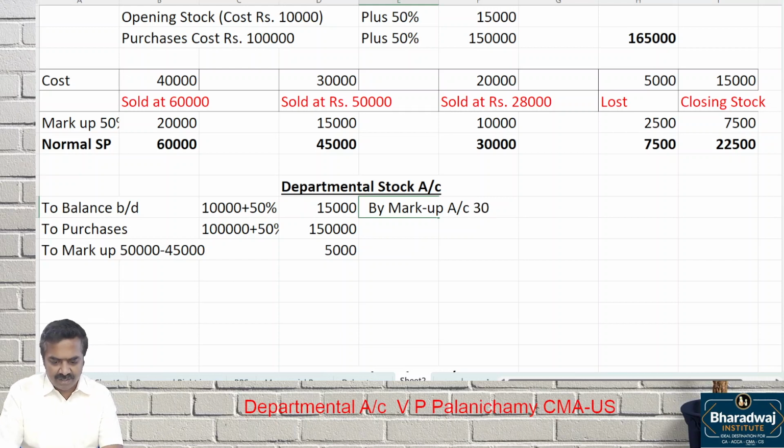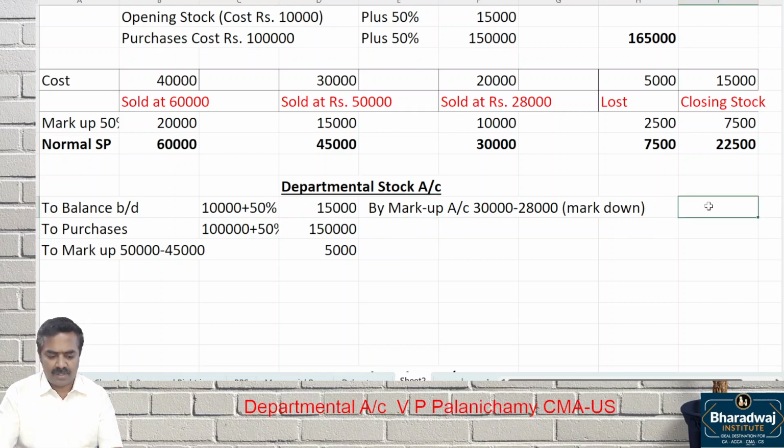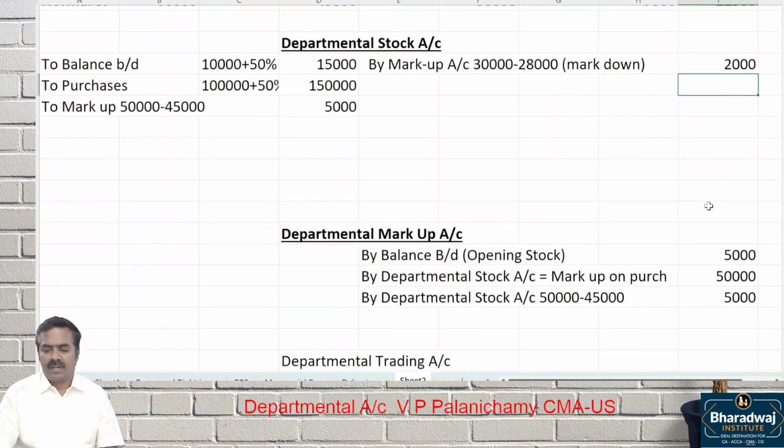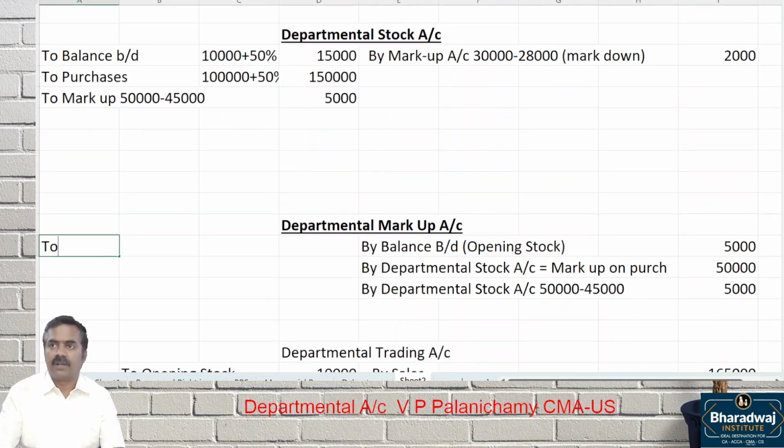How much? 30,000 minus 28,000. It is called markdown. We don't have a separate account called markdown. Markup itself will be reduced. How much will be reduced? 2,000 will be reduced. Now this will come in the markup account as which one? To departmental stock.